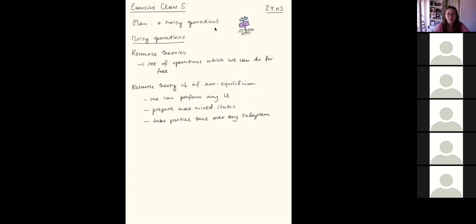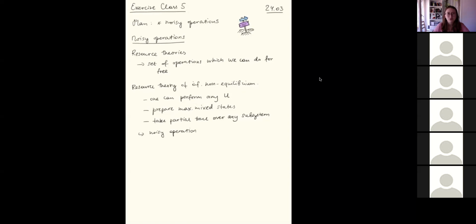If you take a partial trace of a maximally mixed state over any subsystem, given that you fix this division into subsystems, you will also get a maximally mixed state. And then the most general form all these three operations can be expressed in is the so-called noisy operation. And again, applying a noisy operation to a maximally mixed state would result in a maximally mixed state.